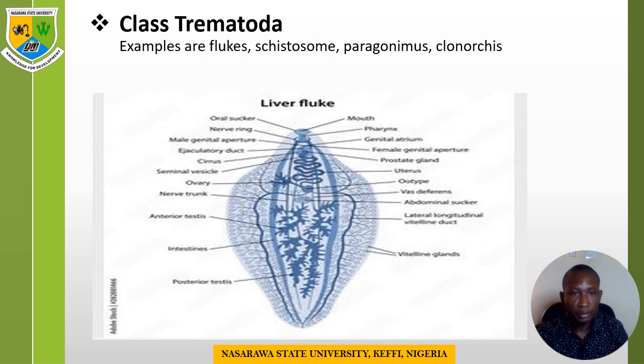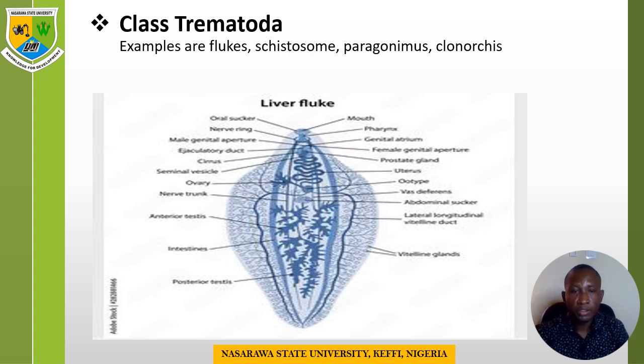Class Trematoda. Examples we can have are the flukes. Of course, we have different types of flukes. Flukes are named based on where they are located. We have those located in blood, those located in the liver, and then some located around the lungs.